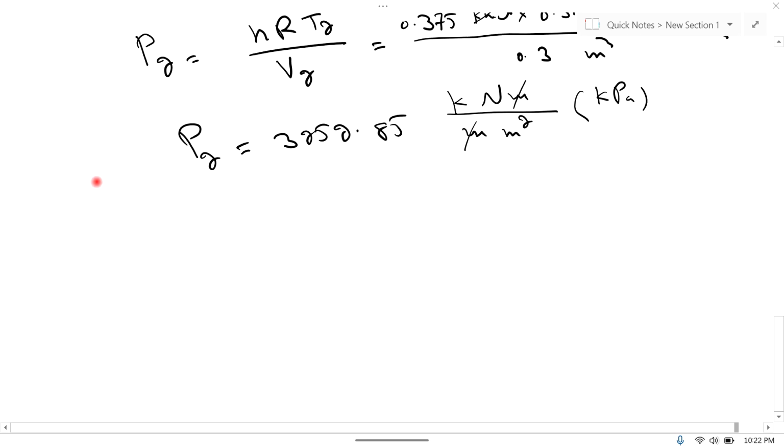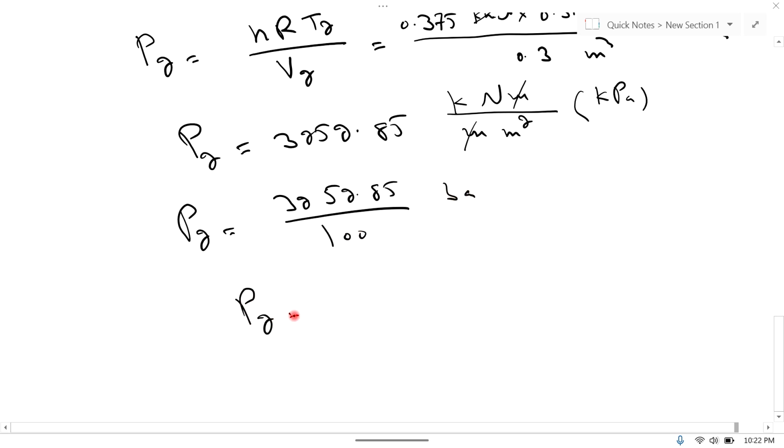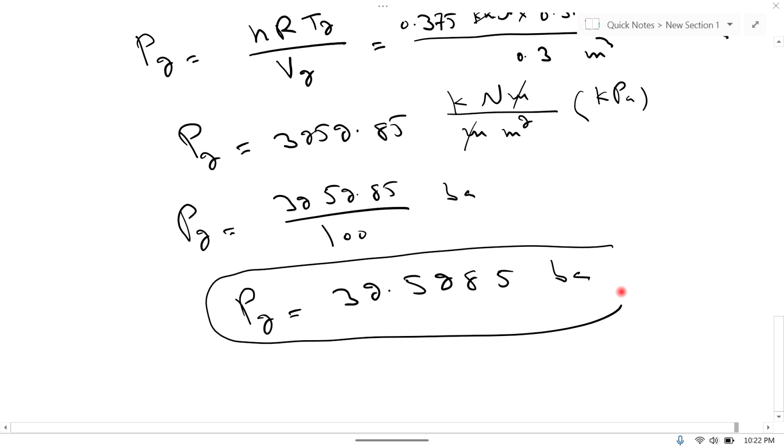To convert kilopascal into bar, divide by 100: 3252.85 divided by 100 bar. So P2 is equal to 32.5285 bar, and this is the final answer, and this is the end of the problem.